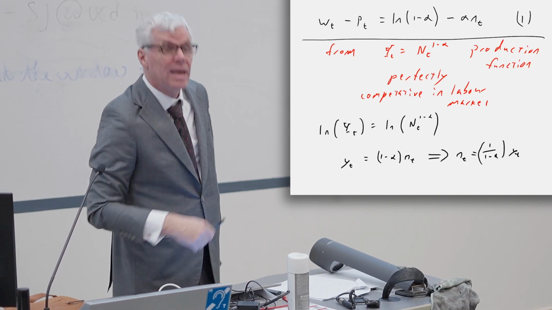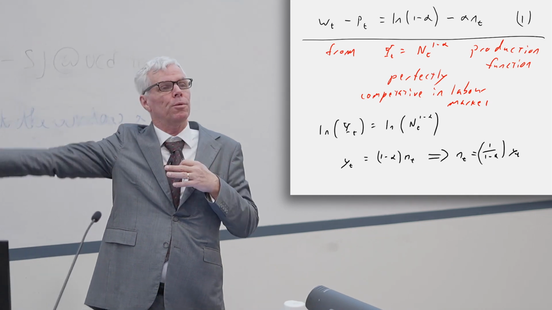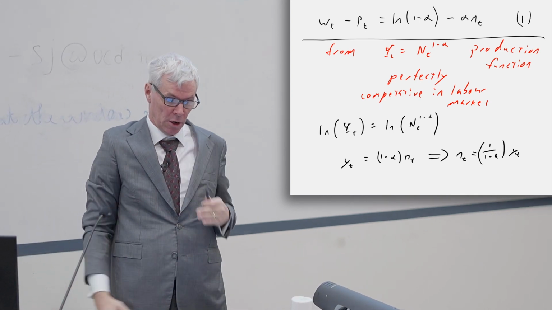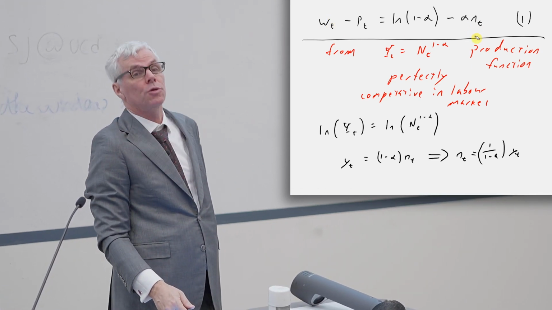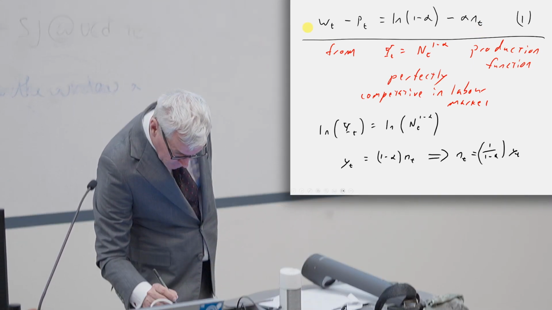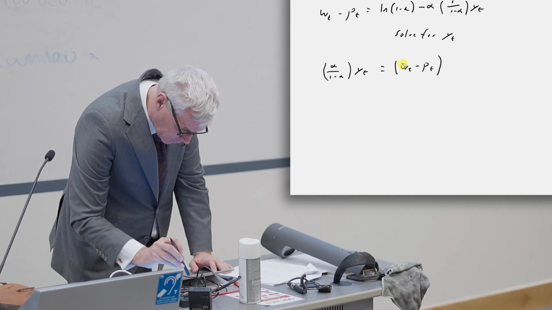We should keep in mind that there's a story here, and the higher the real wage, the fewer people they're going to hire. If they're hiring more people, it means it must be that the wage is lower. So the wage higher, it goes in the opposite direction as the number of workers, right? So that makes sense. It has to be a minus. It can't be a plus. Okay, so rewrite this now.